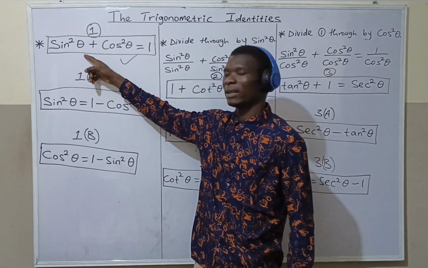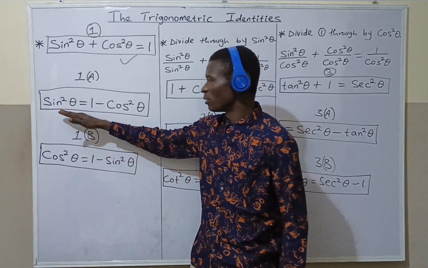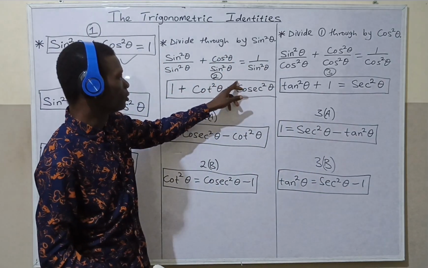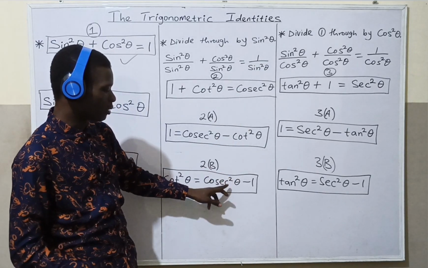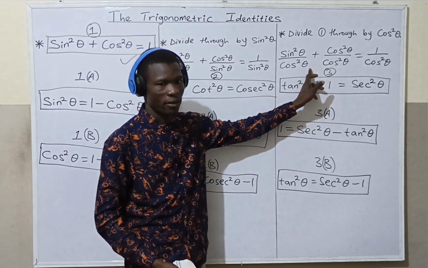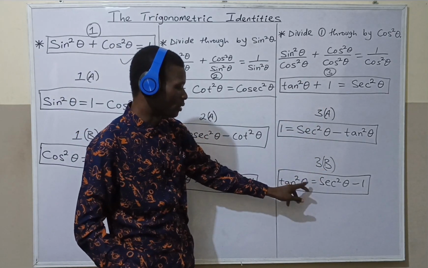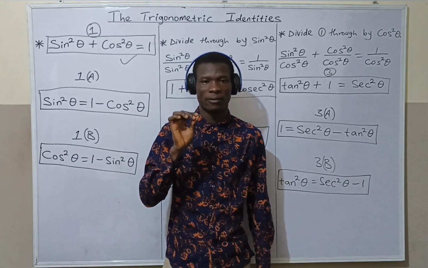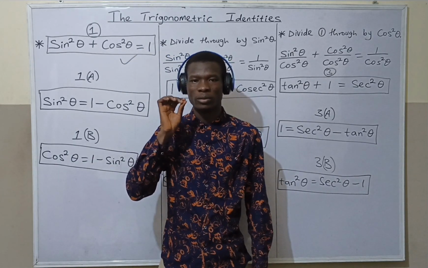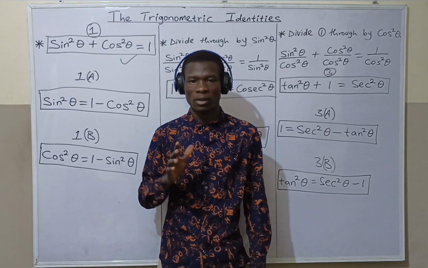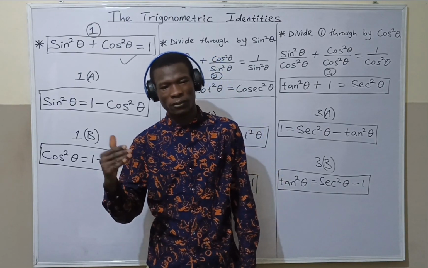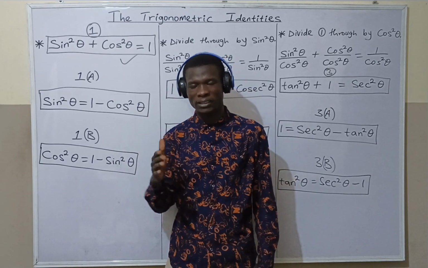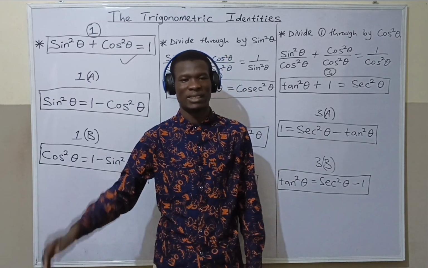Once you have this number 1 identity, you can bring up 1a, you can bring up 1b, you can bring up number 2, you can bring up 2a, you can bring up 2b, you can bring up number 3, you can bring up 3a, you can bring up 3b. But one key skill you must have is being flexible. You must be very flexible because, of course, when you want to work with trigonometry in mathematics, flexibility is needed.